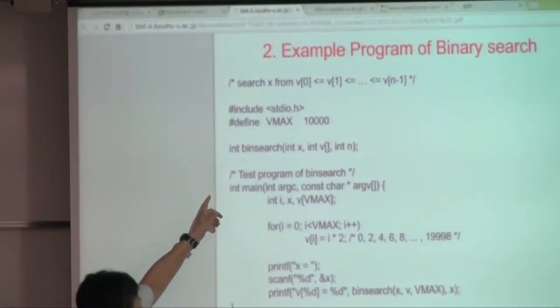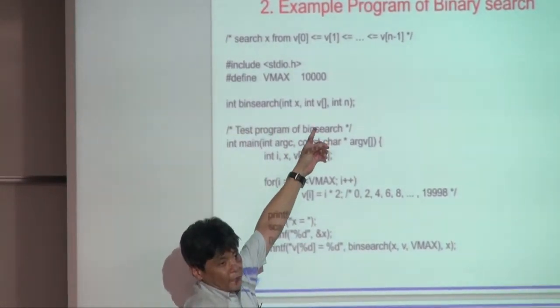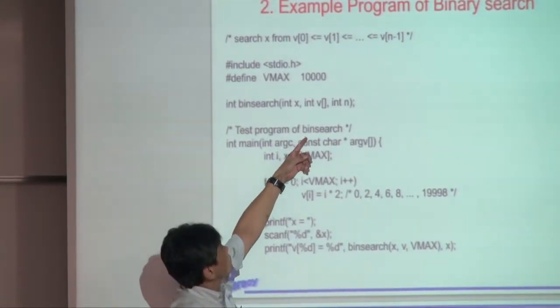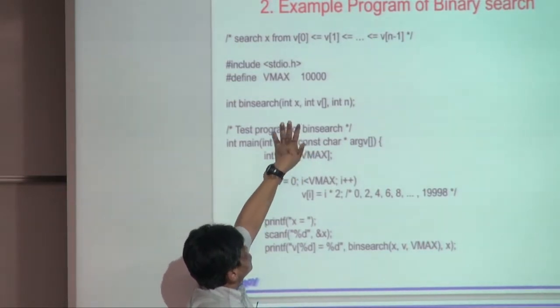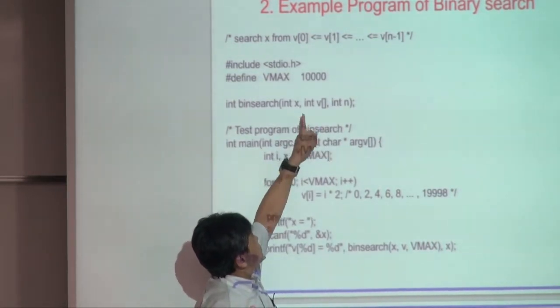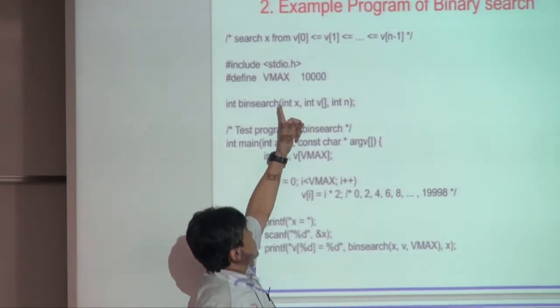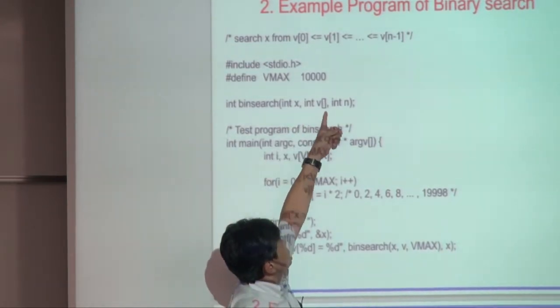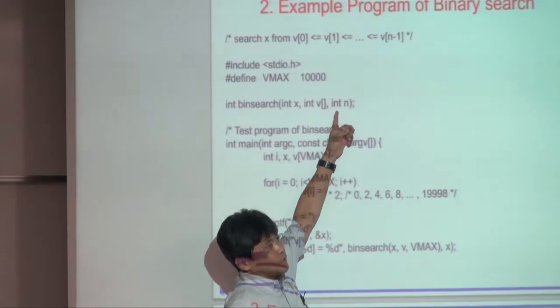This is a prototype definition of the binary search function. In this case it has 3 arguments: this is the searched value, this is the data set, and this is the size of the data set.